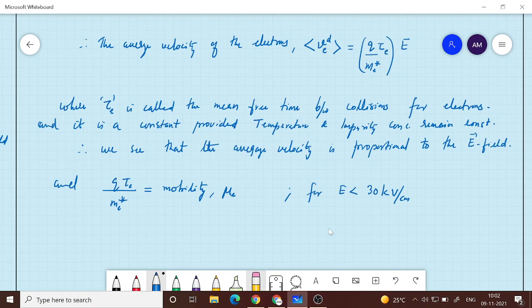So E is V by D, right? If D reduces to a very small value, even if V is just 5 volt, it can generate a very high electric field, which is in fact what happens in a Zener diode. Zener diode breakdown happens exactly because we create a very high electric field with low values of potential.